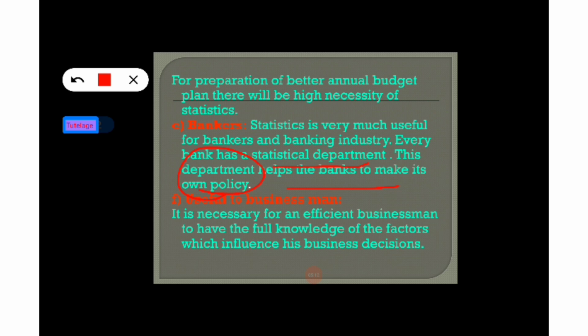And now going to the next one, statistics is necessary for the efficient businessman to have full knowledge of the factors which influence his business decisions.